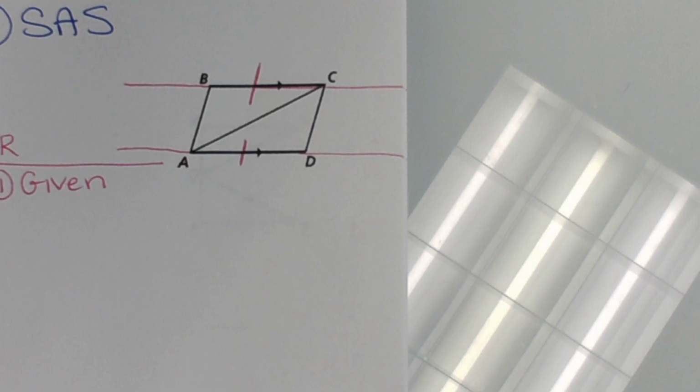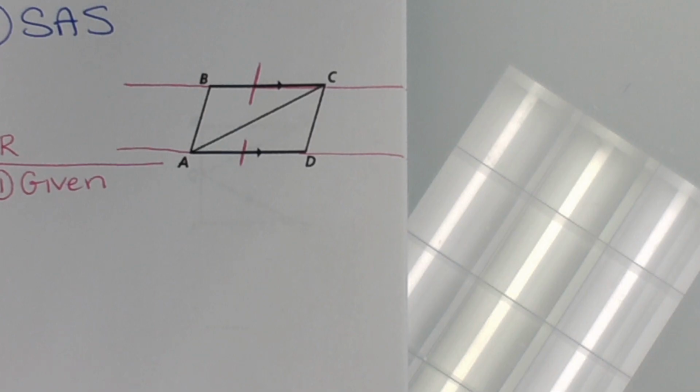This angle, not in either triangle. This angle, not in either triangle. And this angle, which is in both triangles. That's not helpful. That's a bad transversal. I look at this one, I've got the same issue: not in a triangle, not in a triangle, not in a triangle, in both.